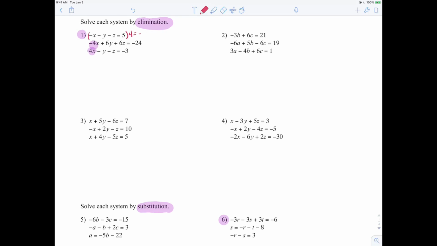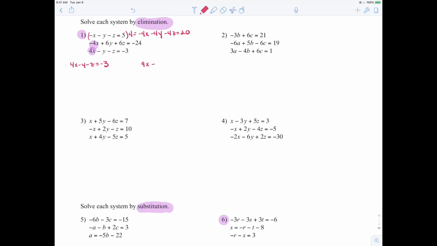So when I do that, I get negative 4x minus 4y minus 4z equals 20. And now I can take 4x minus y minus z equals negative 3, that last equation, and I can add it to each of the other ones.